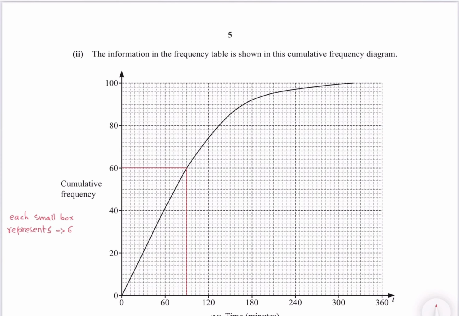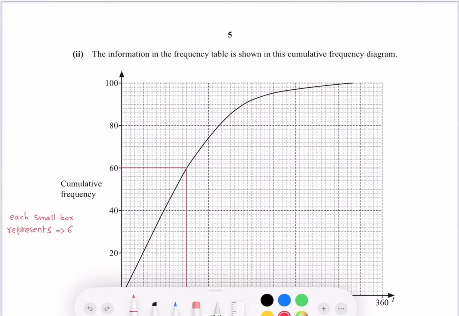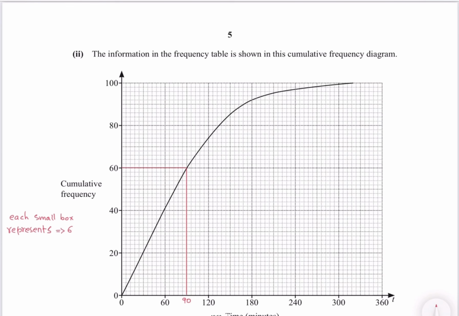You can count these. These are 10 boxes from 0 to 60. So you divide 60 by 10, you get 6. So each block represents the value 6 minutes. So 1, 2, 3, 4, 5. So 30. 30 is here, so you can say 90.